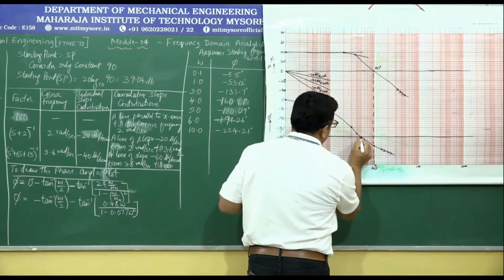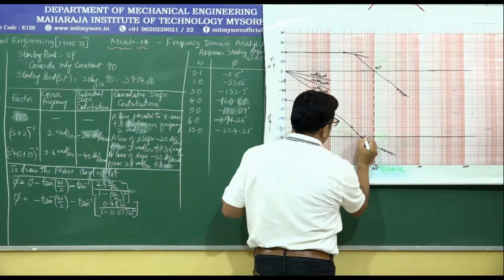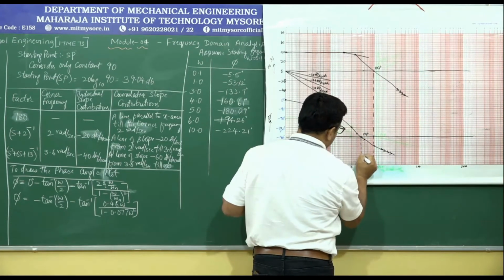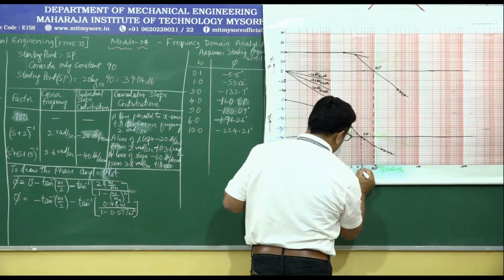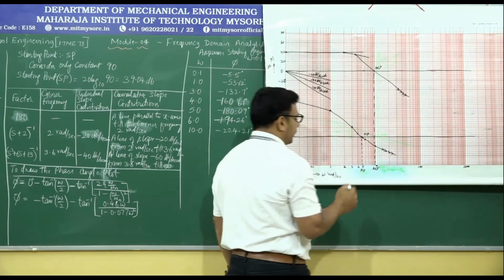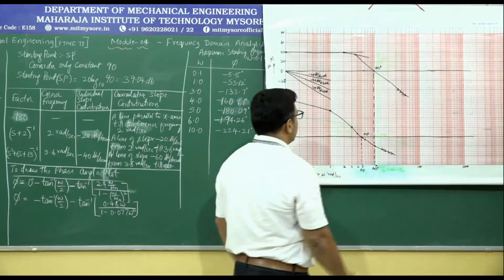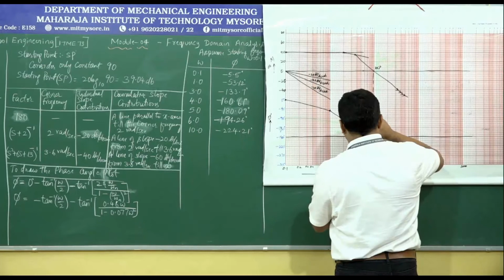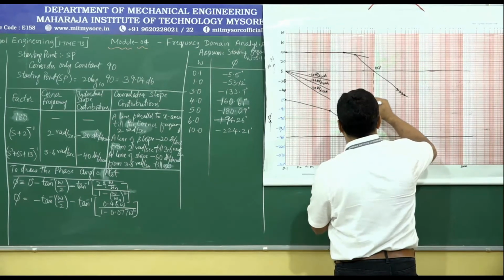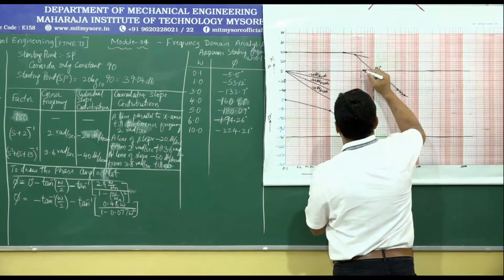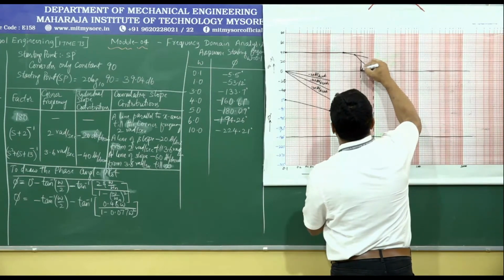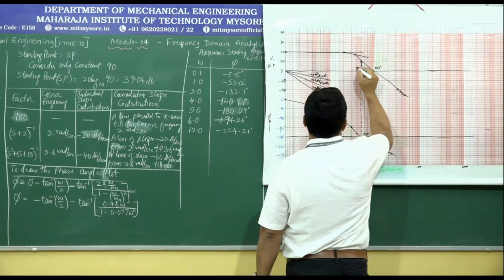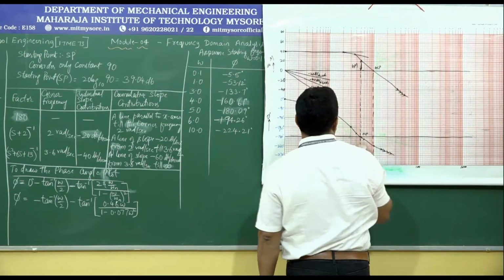Now the point where it is intersecting the minus 180 degree line is called the phase crossover point. The frequency at which it exists is called the phase crossover frequency. And then what we can find is, if you extend the vertical line from the phase crossover point onto the magnitude plot till it reaches the 0 decibel line, what you will get is the gain margin.